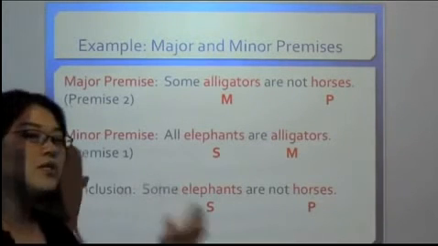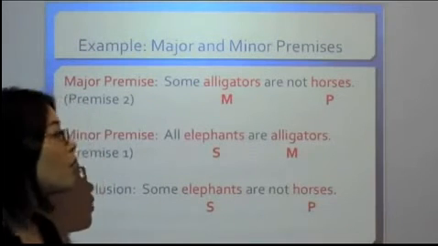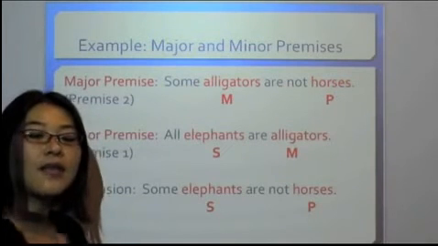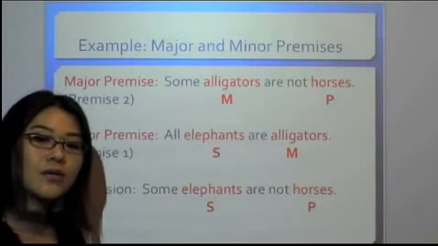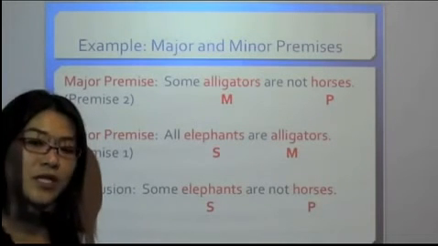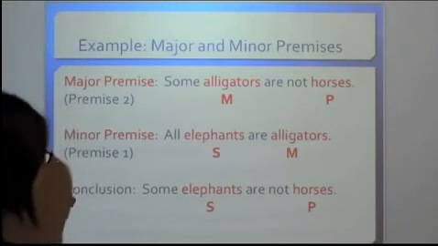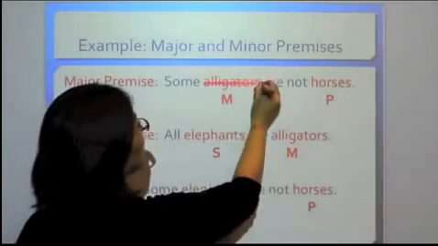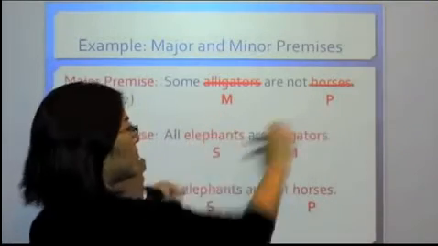Now, once we have put a categorical syllogism into standard form, we can identify the form of the argument. The form is the structure or pattern of the argument without the content. We remove the specific information contained in the statements and leave the variables behind, along with the quantifiers and the copula. In this case, we would remove alligators and horses and replace them with the variables M and P respectively.